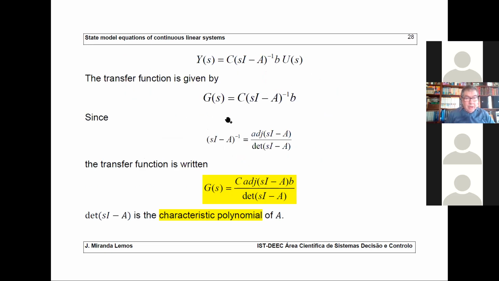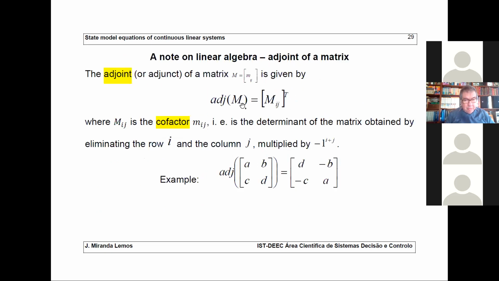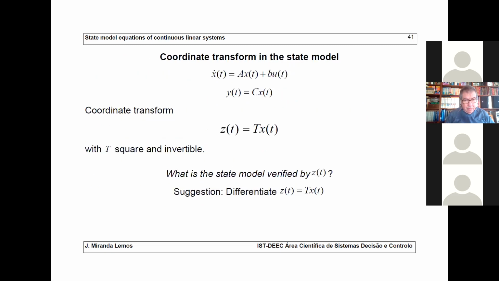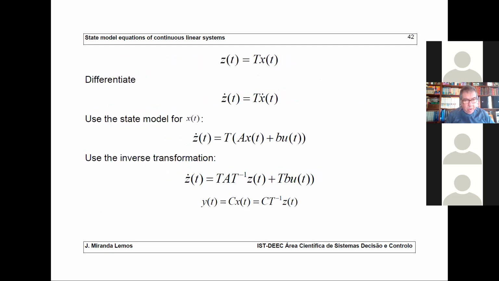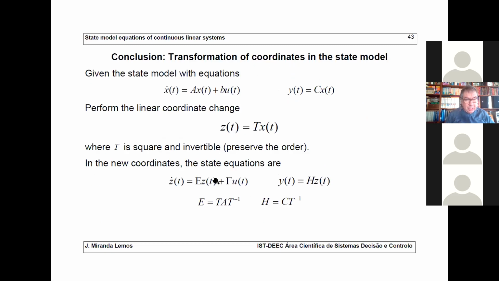Okay, this one here. The transfer function associated to A, B, C is C (sI minus A) inverse B. Now, you have, instead of A, B, and C, these other matrices, E, gamma, and H.